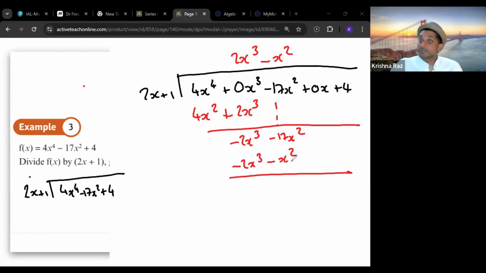Minus 17 minus -1 is -16. The 0x drops. I need to times 2x by -8 to get negative 16x squared.